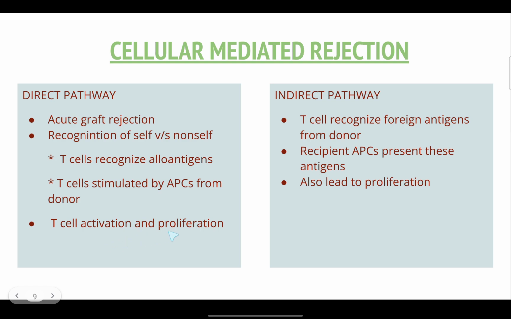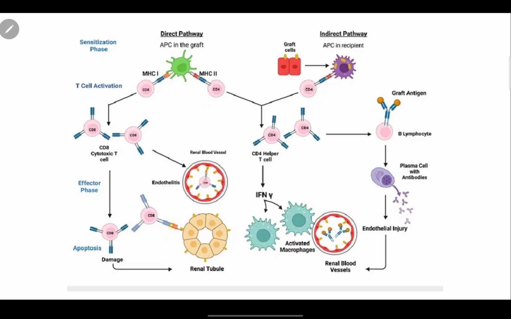T cell activation and proliferation occurs in the direct pathway of cellular mediated rejection, whereas in case of indirect pathway, the T cell recognizes foreign antigens from the donor. The recipient antigen presenting cells present these antigens and also lead to the proliferation.